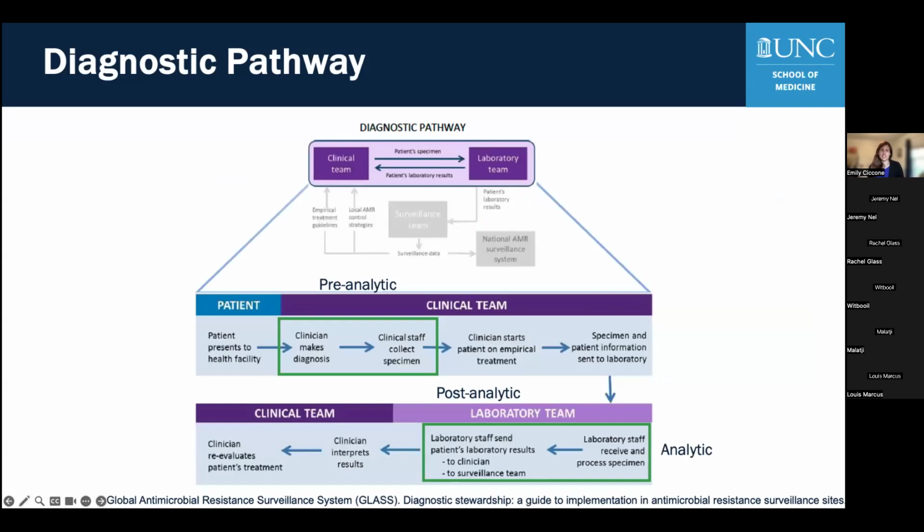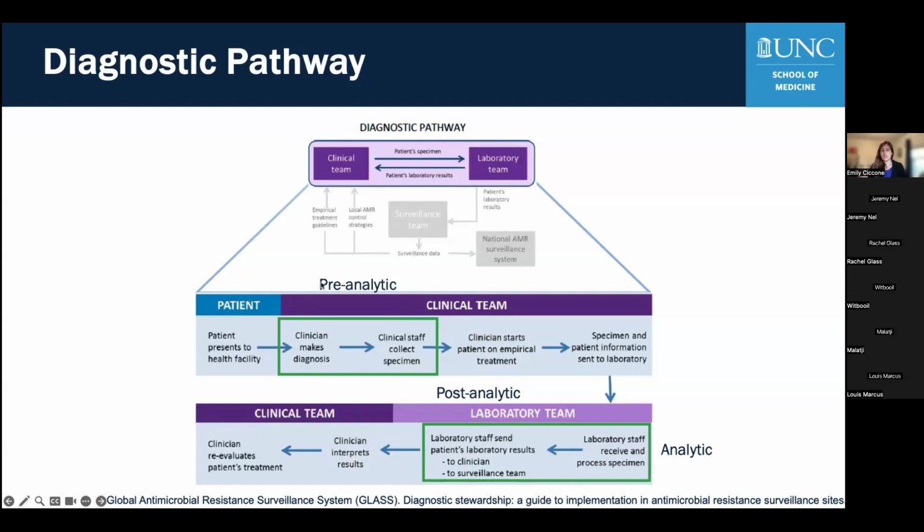Another way of thinking about diagnostic stewardship in a little bit more of a detailed pathway, this is from a WHO document on diagnostic stewardship, which is very helpful and interesting as well, if you're interested in learning more. And basically, they break down the interaction between the clinician and the laboratory into all of the steps. So a patient presents to the healthcare facility, and then the pre-analytic point that Morgan outlined in his article is where the clinician makes a diagnosis and the clinical staff collects the specimen.